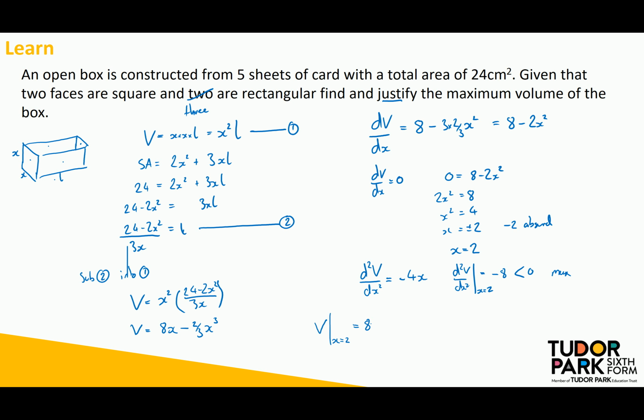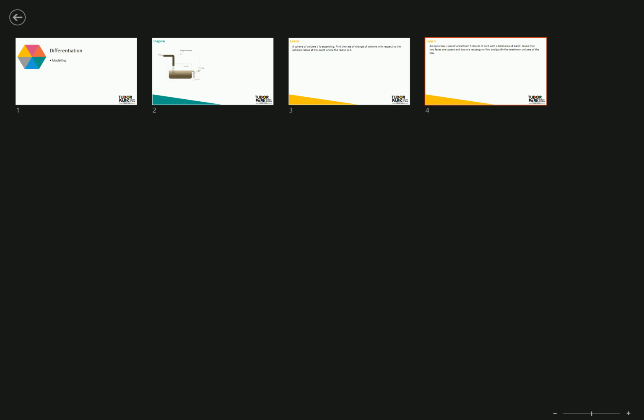So that's going to be 8 multiplied by 2 minus 2 thirds times 2 cubed, which is 16 minus 2/3 of 2 cubed, which is 8. 16 as thirds is going to be 48 thirds, and then that's going to be 16 thirds, and 48 minus 16 thirds is going to be 32 thirds. So there's my maximum volume, and that's me done for these questions.